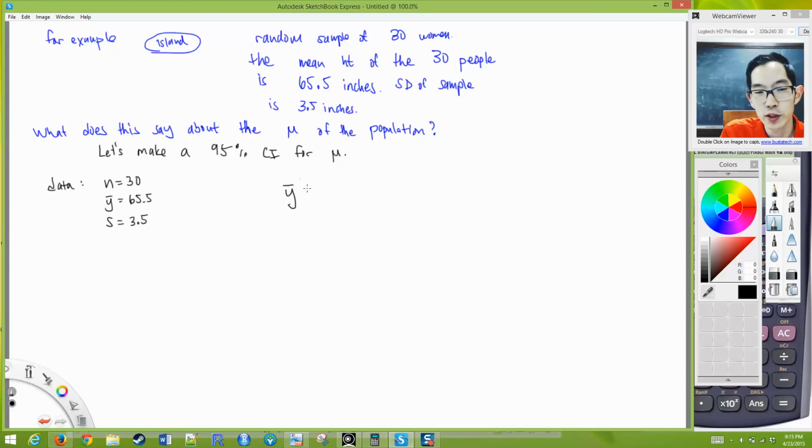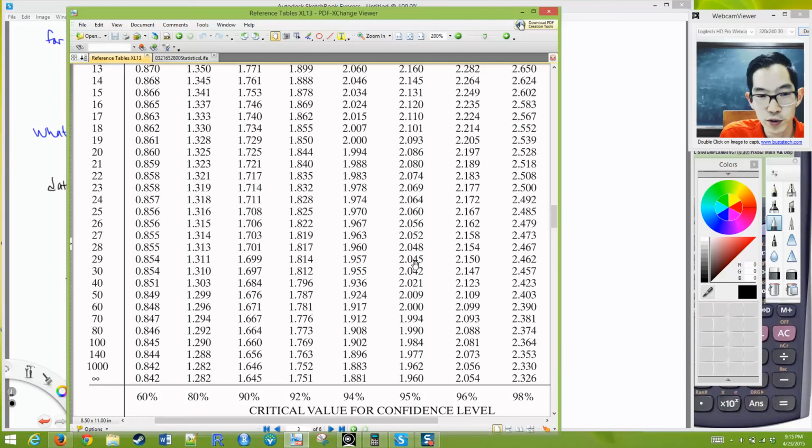The formula for the confidence interval is y bar plus or minus t star times s over the square root of n. So I'm going to have 65.5 plus or minus, and we look up t star for 95% confidence and degrees of freedom equal to 29, which is, I think, what did I say, 2.045.